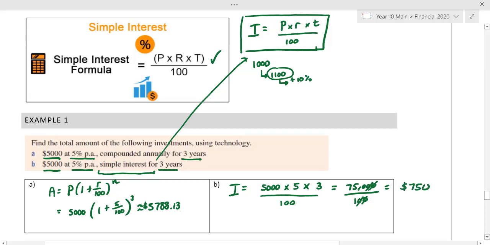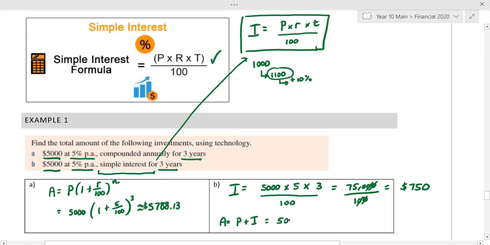Now, of course, it wouldn't make much sense to invest 5,000 and end up with 750. That's because this is how much interest is accrued. So with simple interest, the amount we have after earning that interest is what we add to the principal, and we started with $5,000.